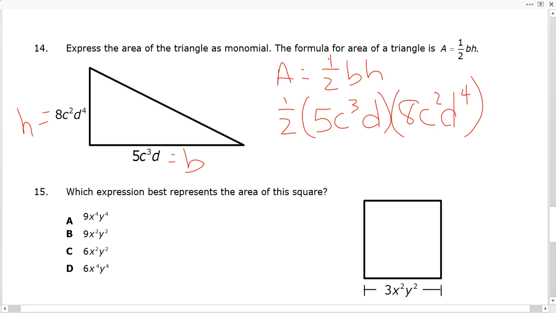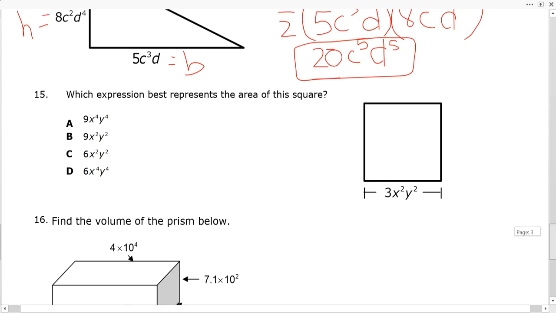So I'm going to have a monomial because all these are being multiplied together. So I'm going to multiply 5 times 8, which is 40, and then I'm going to take 1/2, which is 20. I have 3 c's and 2 more c's, which is 5 c's. And I have 1 d and 4 more d's, which makes 5 d's. So don't forget, if it's just the letter, it has a power of 1.